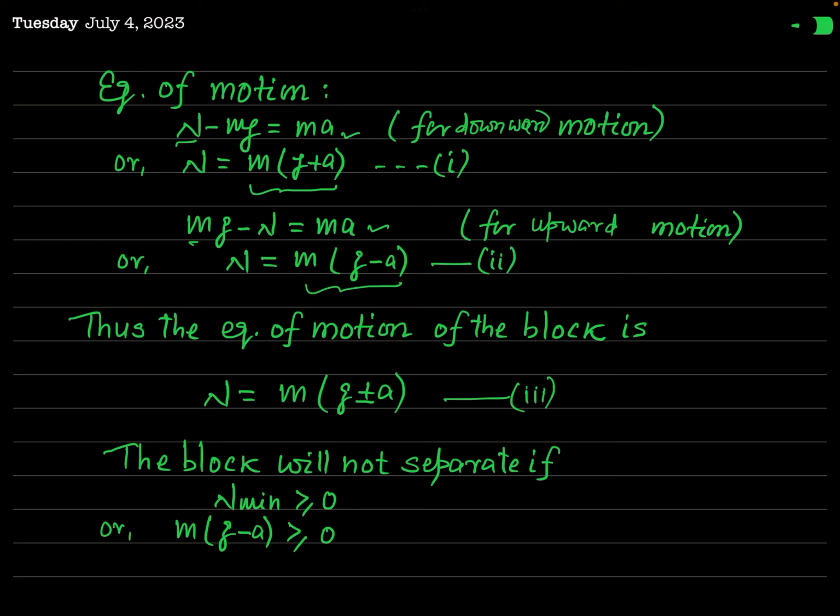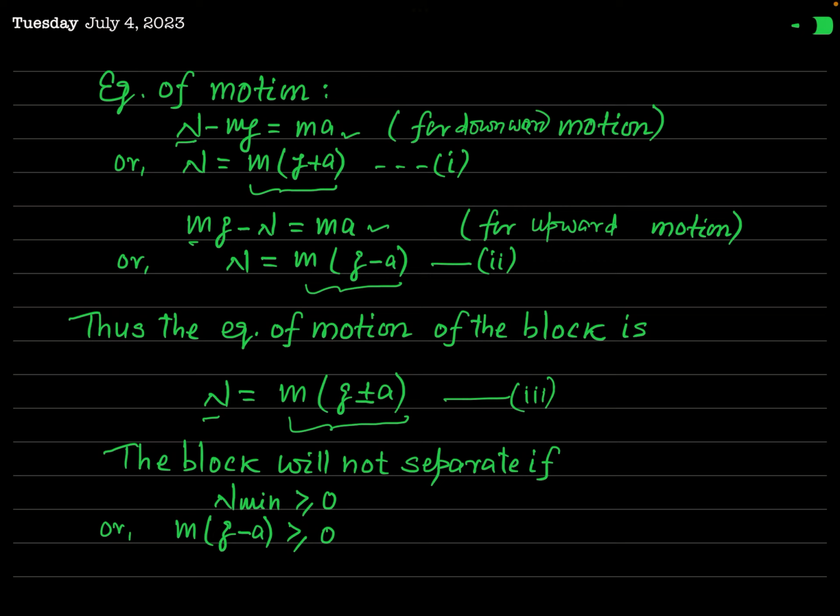So, in general, you can say that during this simple harmonic motion, the equation of motion of the block will be N equal to m times g plus minus a. Okay? Plus sign refers that the block is moving downward from the equilibrium position, and minus sign refers that the block is moving up from the equilibrium position.